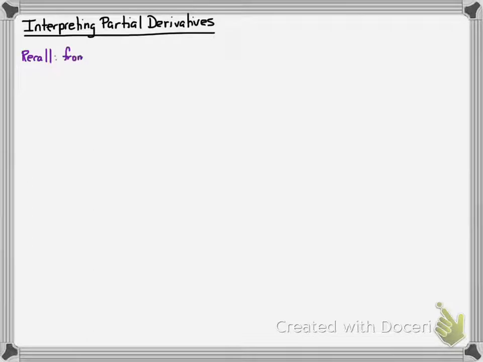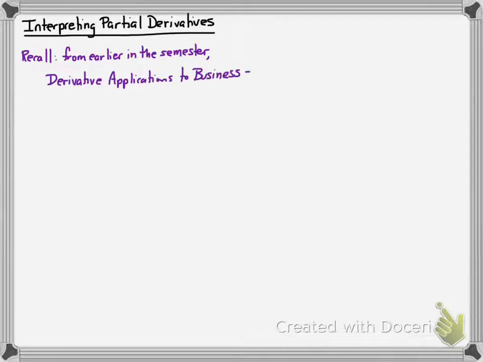But before we start talking about interpreting partial derivatives, I want to remind you from earlier in the semester when we talked about marginal profit and marginal revenue and marginal cost, and we talked about how each of those describe for us the change in profit from the production and sale of the next unit of our product.